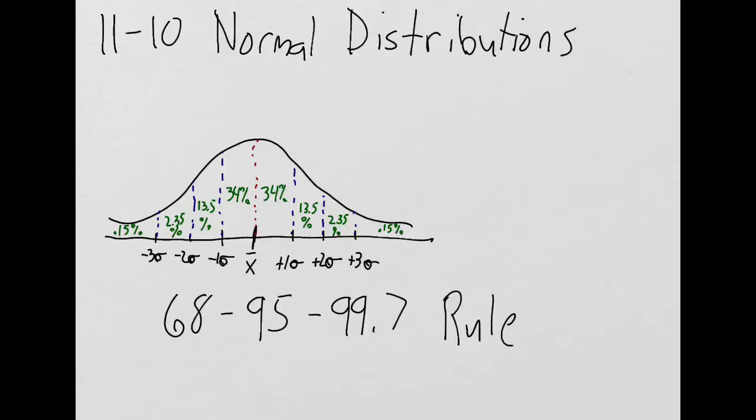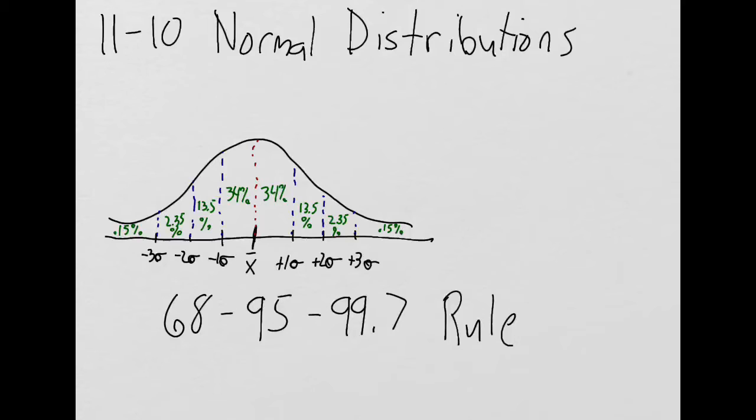In the Khan Academy videos, they probably talked about what percentage of your data should exist within each of these regions. For example, if you go up and down one standard deviation, we're looking at about 34% above and below the mean. If you add those up, you get 68%. And this leads us to a very famous rule in statistics called the 68, 95, 99.7 rule.